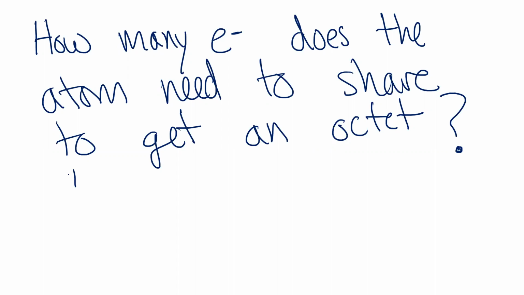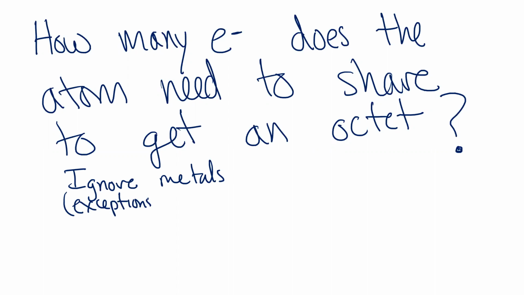First off, for simplicity, ignore metals. And basically what we're going to do is ignore the exceptions. Ignore metals. Ignore hydrogen. Oh, wait, why are we ignoring hydrogen? Hydrogen doesn't need an octet. Hydrogen just needs 2 electrons to be satisfied, to be at peace.